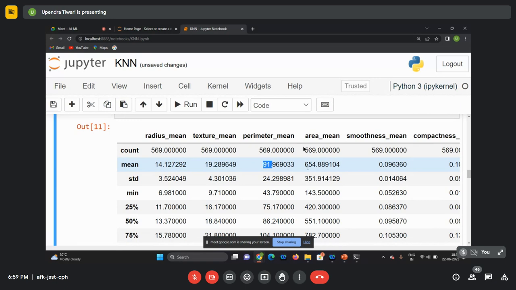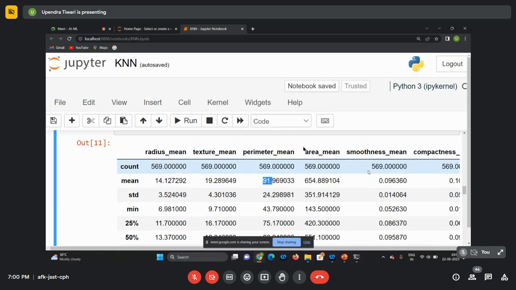So there is a huge difference in the mean values. Whenever you find a huge difference between the mean values, what is the meaning of that? Your data is suffering from a scaling issue.